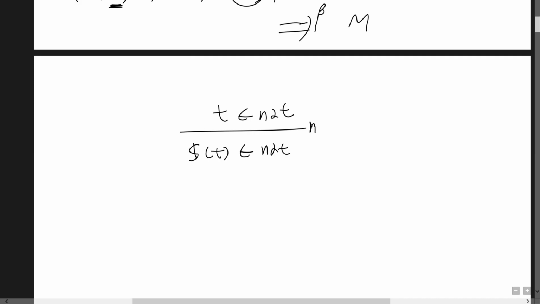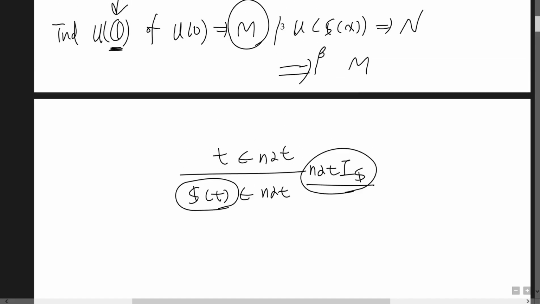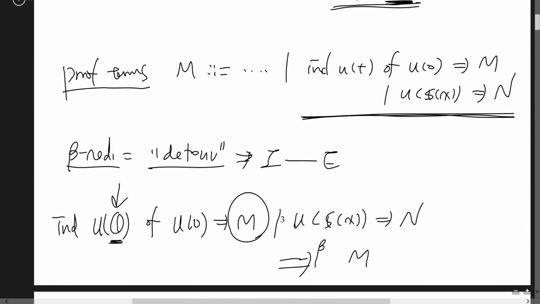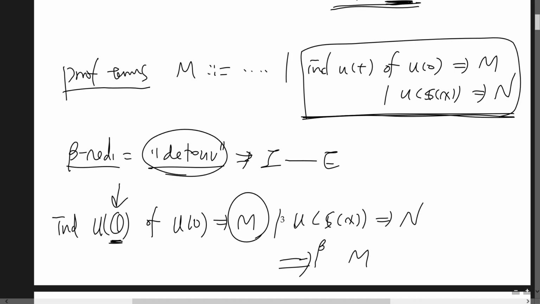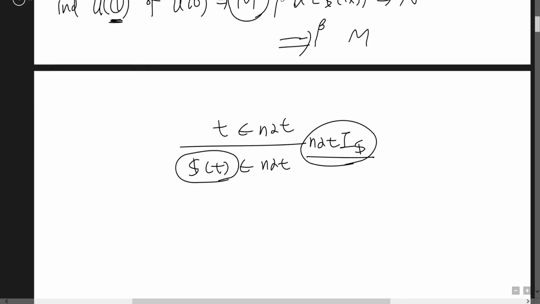This is the natural number introduction rule, successor case. So this is what you obtain after applying this introduction rule. So this is intro, and this corresponds to the elimination rule. So let's build a detour by applying this introduction rule.